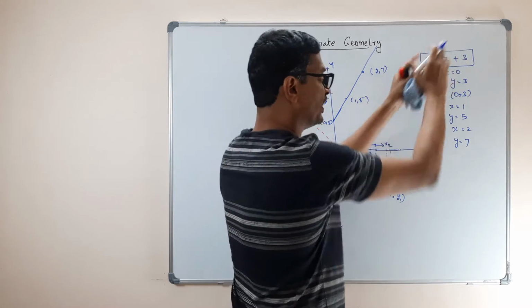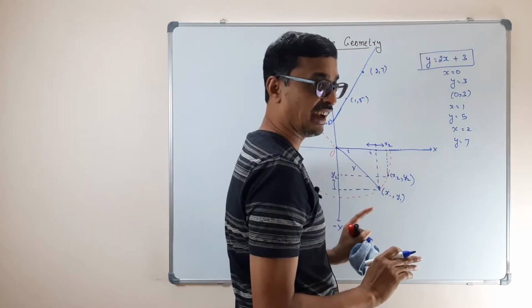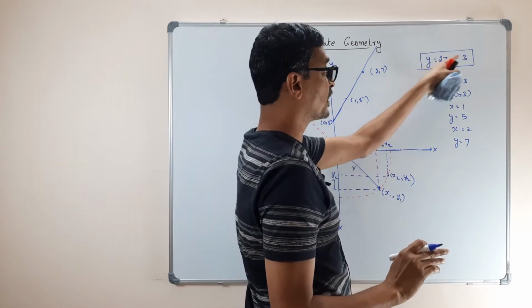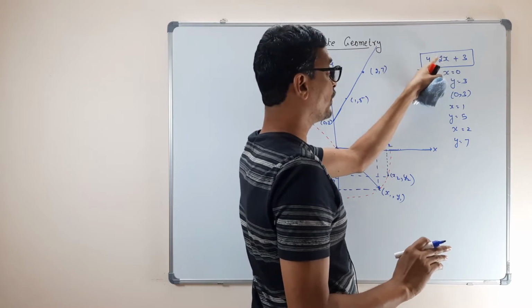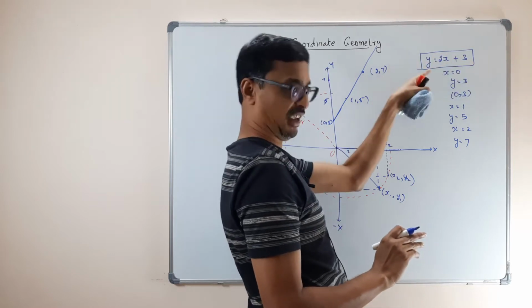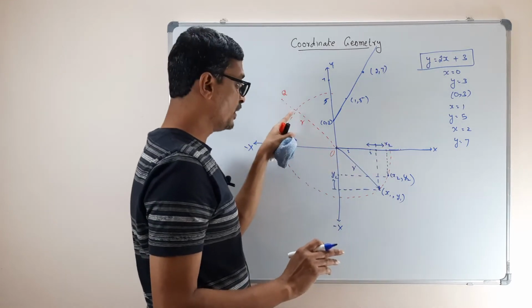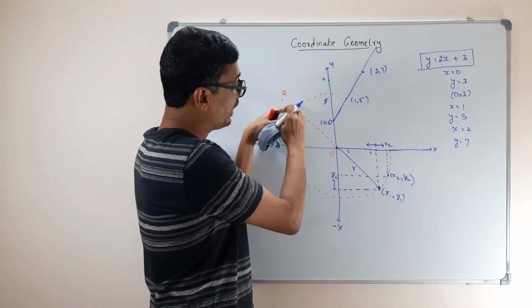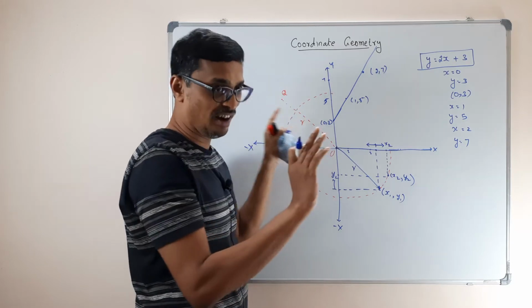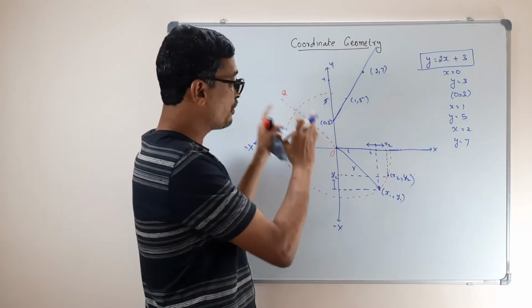This is also a condition: y should be such that twice x plus 3 should equal y. Again, same condition, correct? Here also, y should be such that the distance between (x, y) and 0 should be equal to r. So everywhere we have a condition.